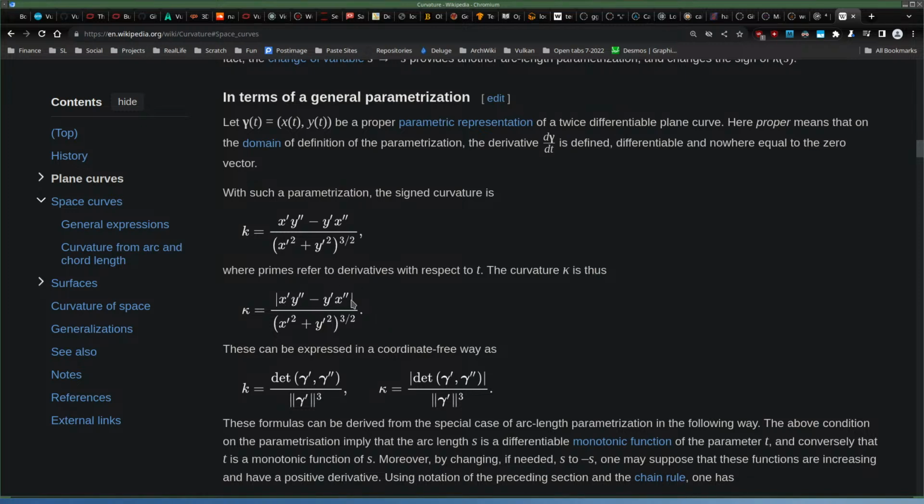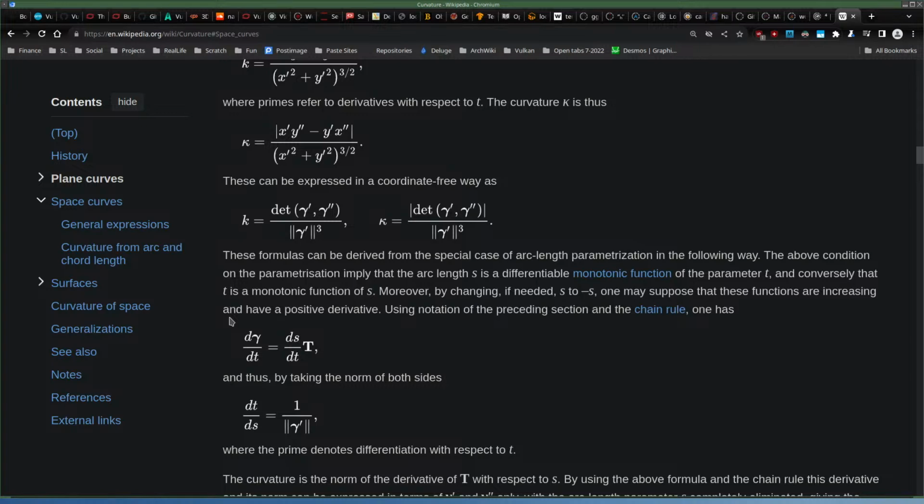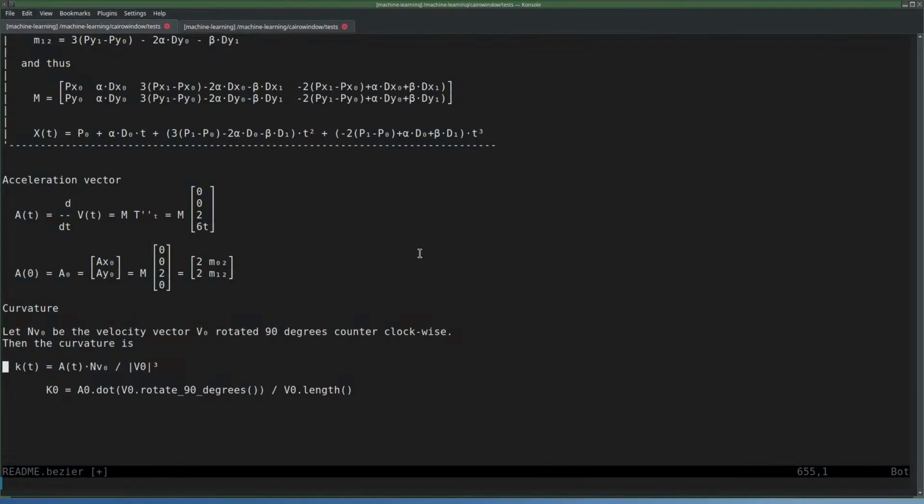And this is the dot product, and I use absolute value here because I just want to have the positive curvature, but I want a signed curvature. So I don't do that, I'm just using this value without the absolute value thingies, vertical thingies.